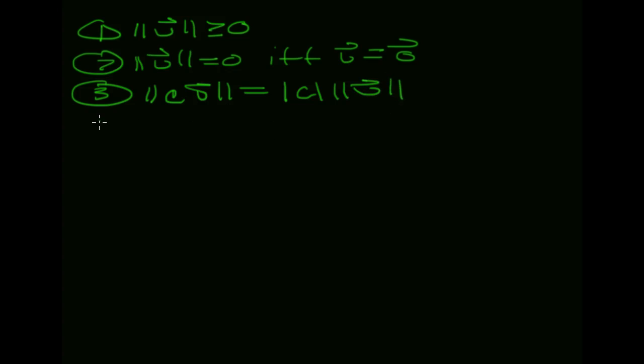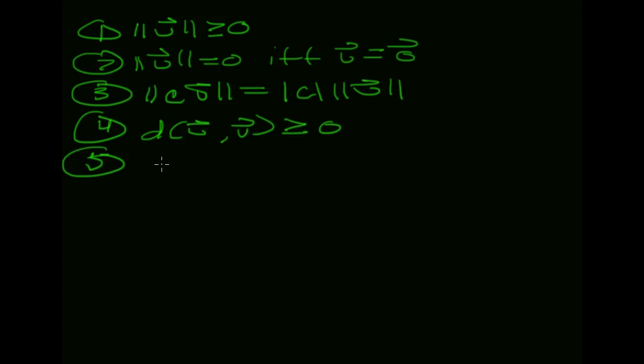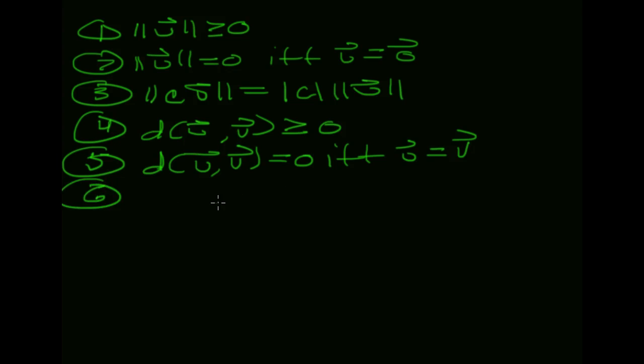So it comes out as an absolute value. 4. The distance from u to v is always non-negative. 5. The distance from u to v will equal 0 if and only if u is the same as v. And 6, it would make sense that the distance from u to v should be the same as the distance from v to u.